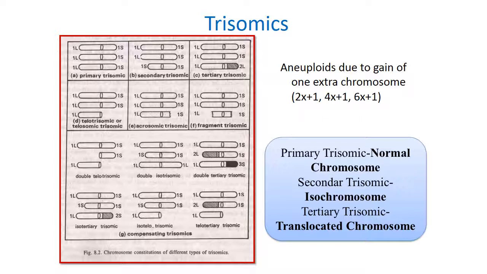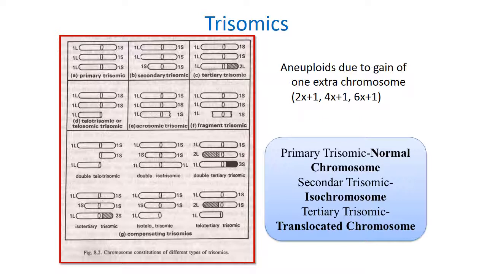Trisomics is further divided into three types: primary, secondary and tertiary trisomics. Primary trisomic is a normal chromosome, secondary is an isochromosome, and tertiary is a translocated chromosome.